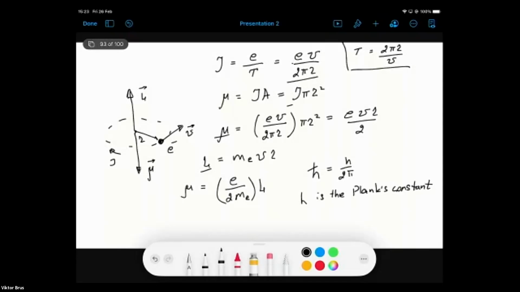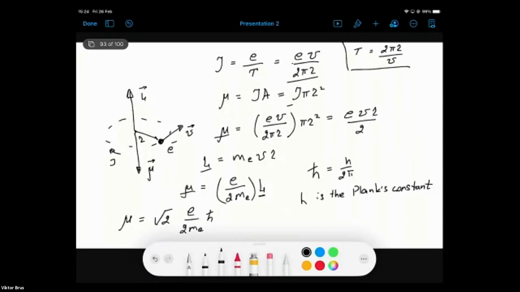Since the angular momentum of an electron in an atom is quantized, that is also true for the magnetic moment, and the smallest orbital magnetic moment, according to quantum theory, can be equal to the electric charge over 2 m(e) times this constant, which is Planck's constant divided by 2 pi.